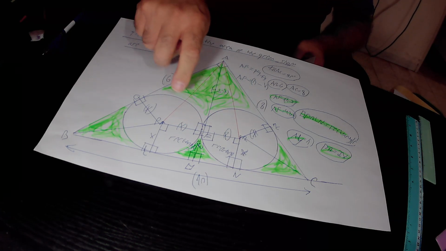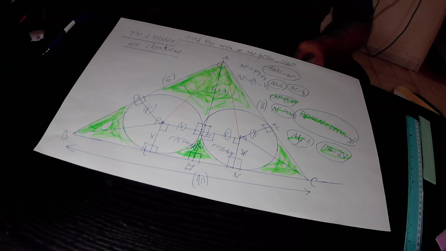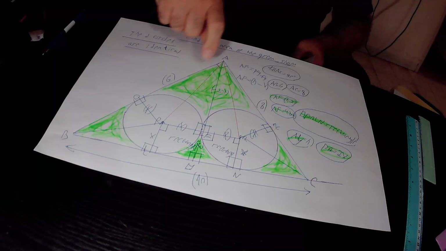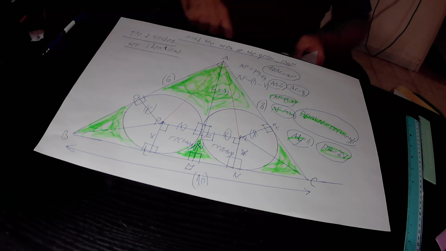Therefore, the sum of their areas equals the area of one circle times 2. The area of one circle is pi x squared, so the area of two circles equals 2 pi x squared.